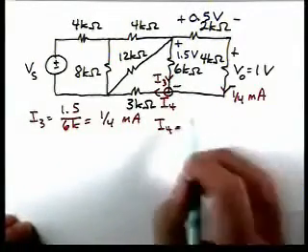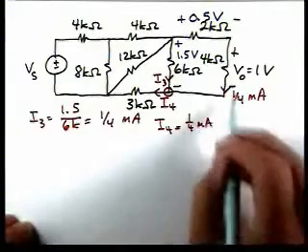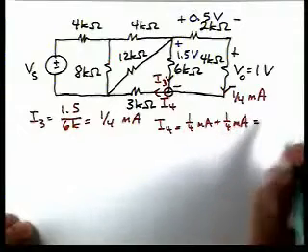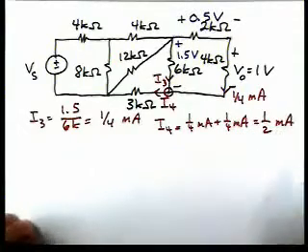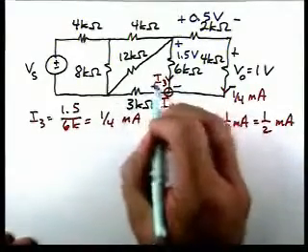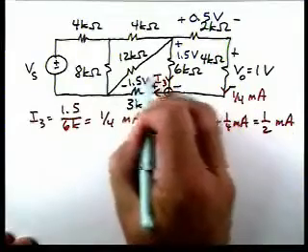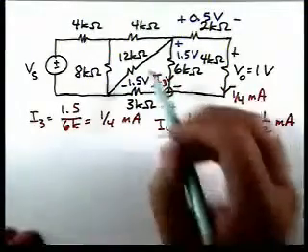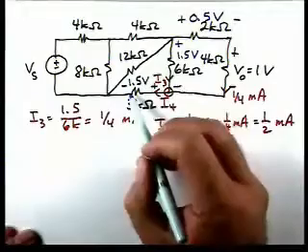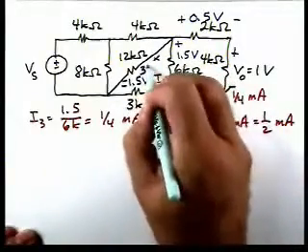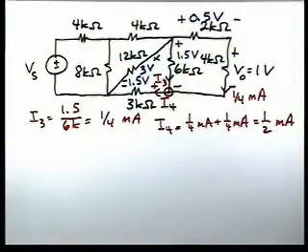So I4 is 1/4 of a milliamp coming from this branch, and another 1/4 of a milliamp. So it's 1/2 of a milliamp. Now that tells me that the voltage across this resistor is 1.5 volts with that polarity. Now if we apply KVL around this loop, that tells us that the voltage across this resistor is 3 volts with that polarity.